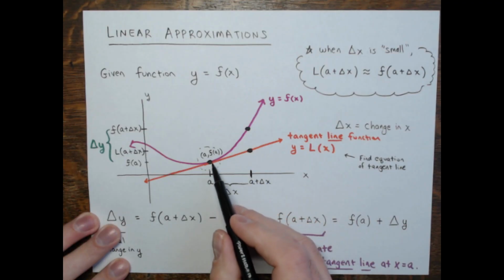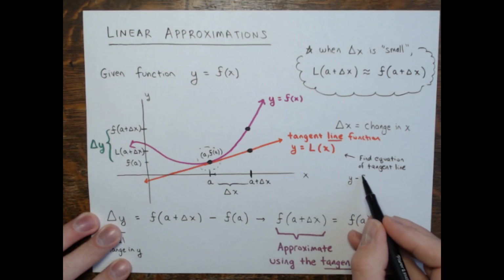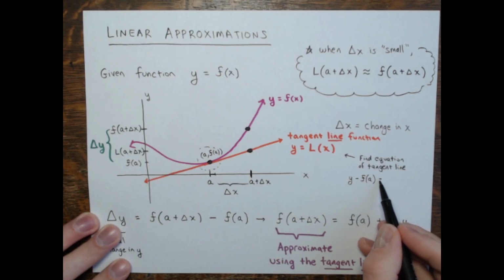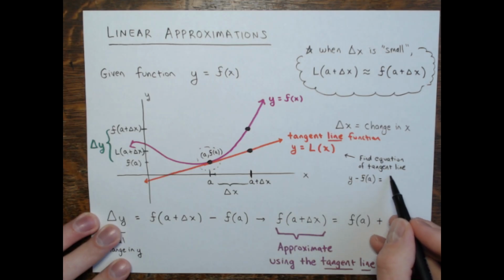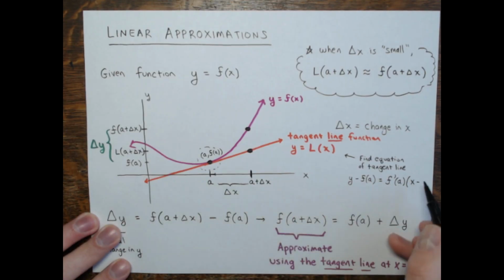And remember the slope of the tangent line would be f prime at a. So you got y minus f of a, for the change in y coordinates on this line, would be equal to the slope, which is f prime at a, times the change in x, which will be x minus a.